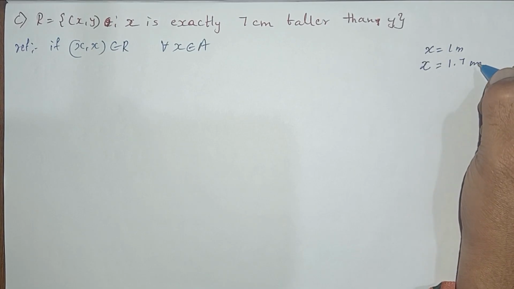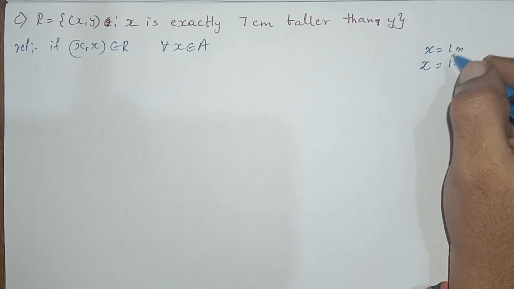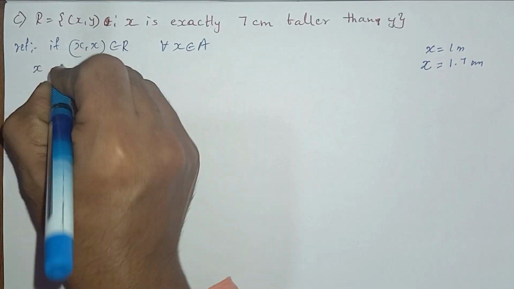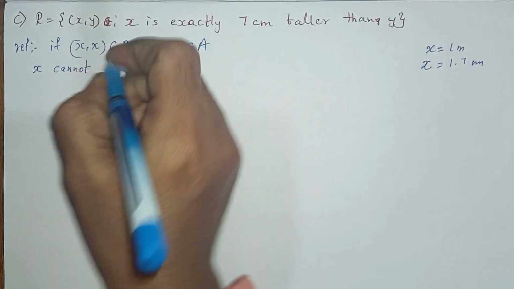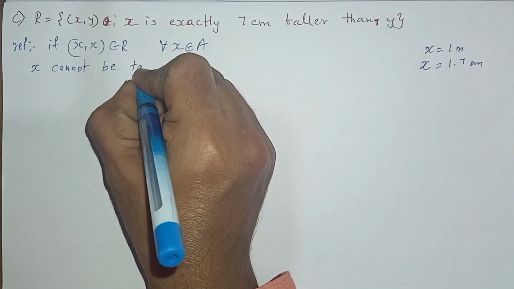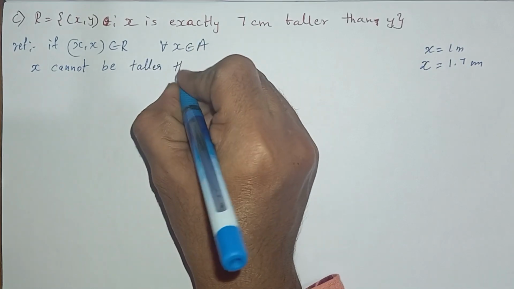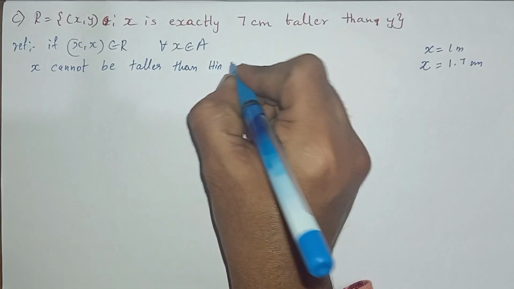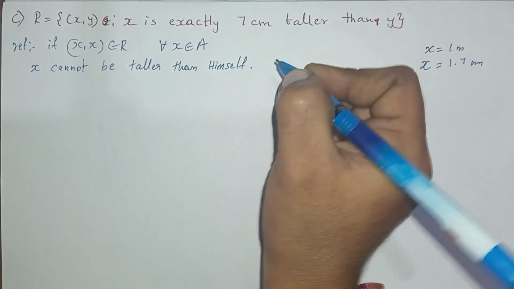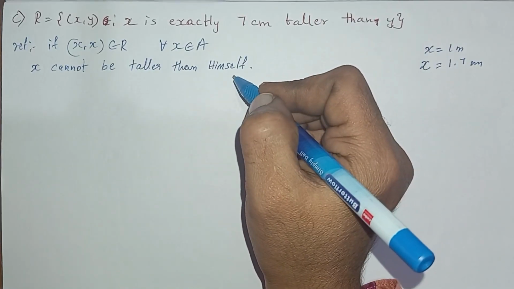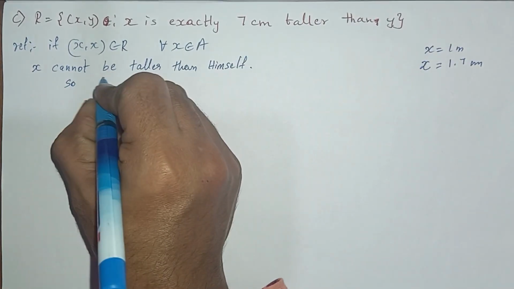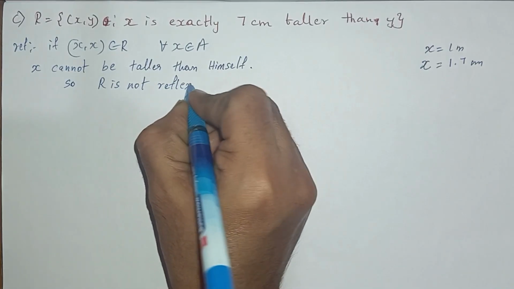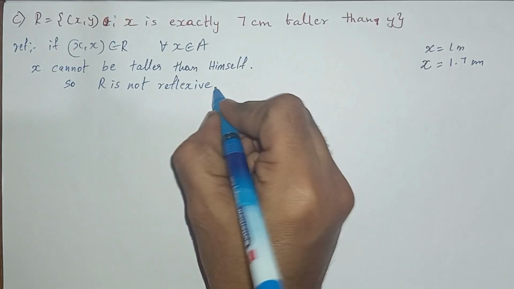So it is not possible. x cannot be taller than himself. So R is not reflexive.